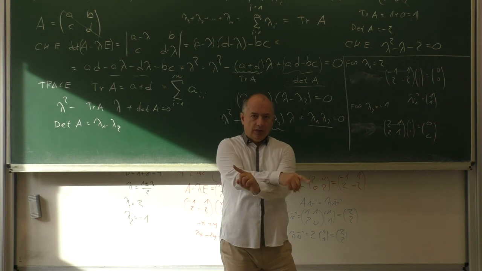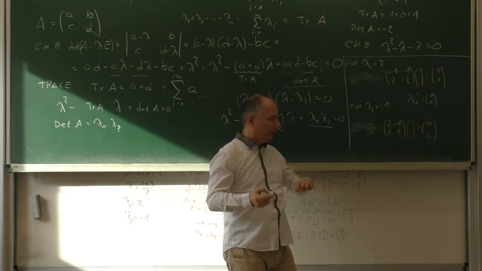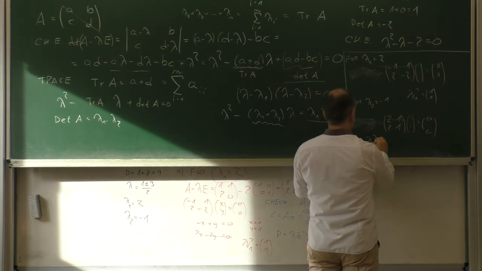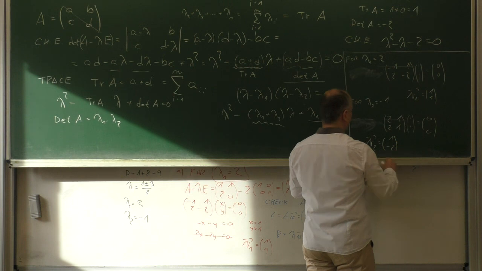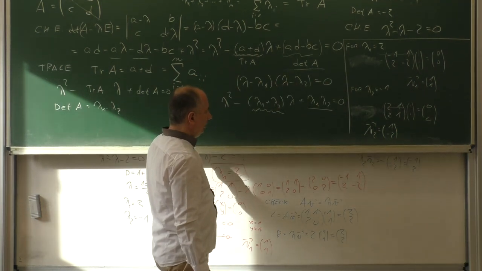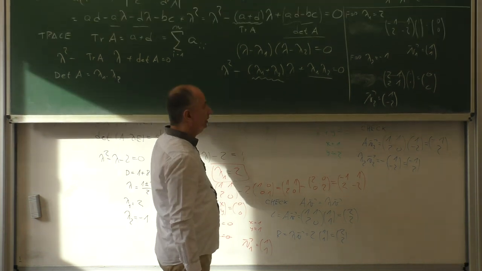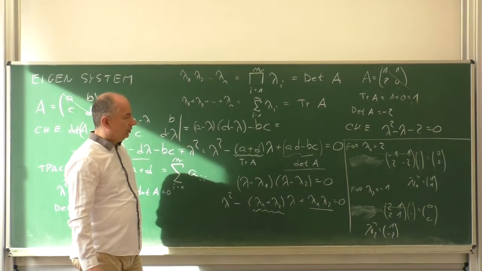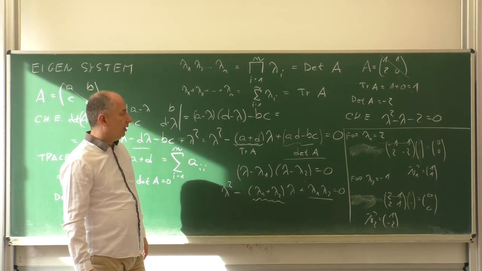So we swap the two values, and please multiply one of them by -1. So the second eigenvector would be (1, -2). Yes, that's right. So these are some short tricks to find the eigenvalues and eigenvectors for a 2 by 2 matrix.